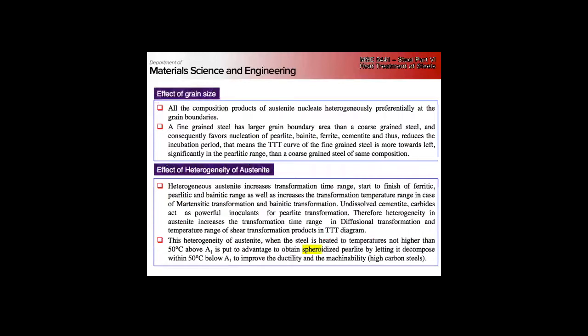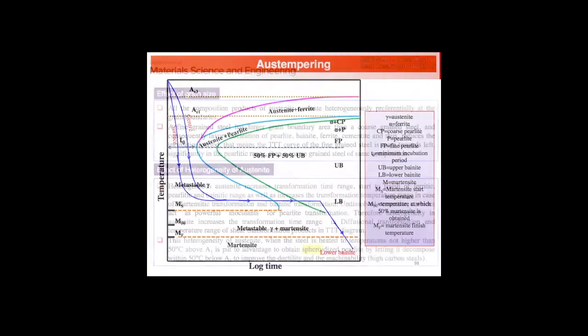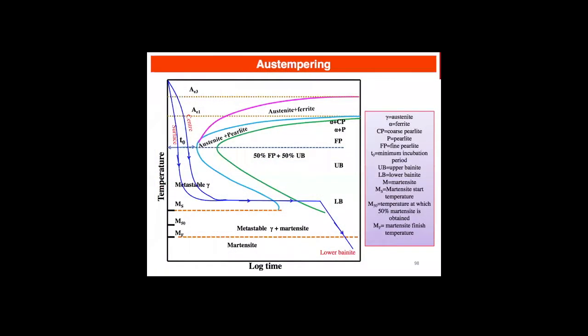Slightly wider. Okay, so now we're going to move into actual heat treatment schedules, and so a common one is tempering, right? And basically, the idea here is we want to quench quickly, miss the nose of the TTT curve, right?